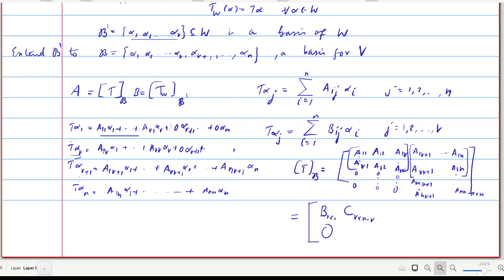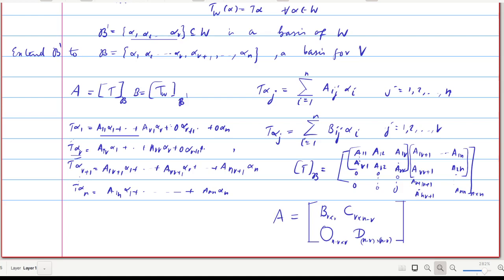And this is a zero matrix, whose order is n minus r by r. And finally we have D here. The matrix D is also a square matrix, that is, an n minus r by n minus r matrix. That means the matrix of T relative to the basis B takes this form, which can be considered as a block matrix.